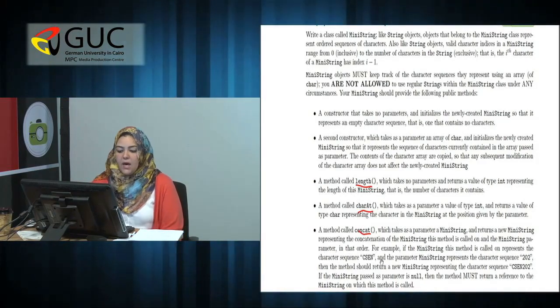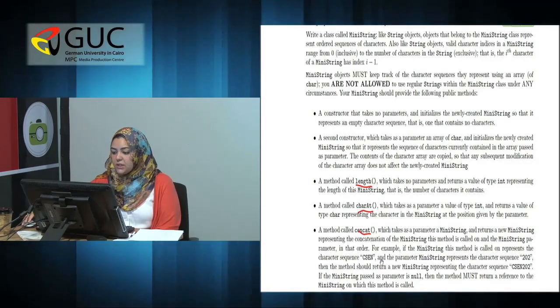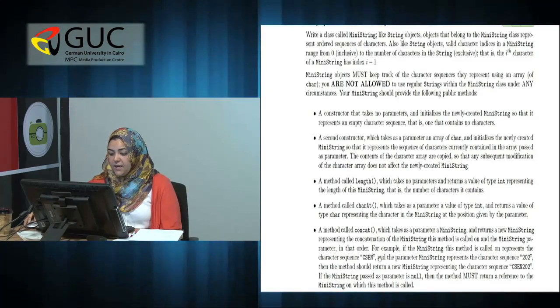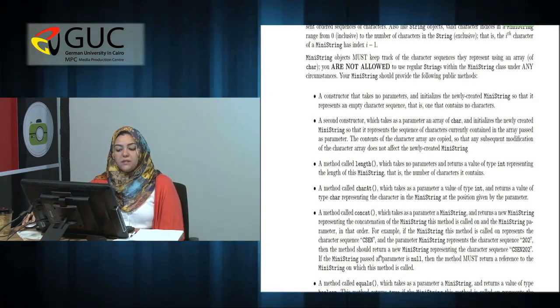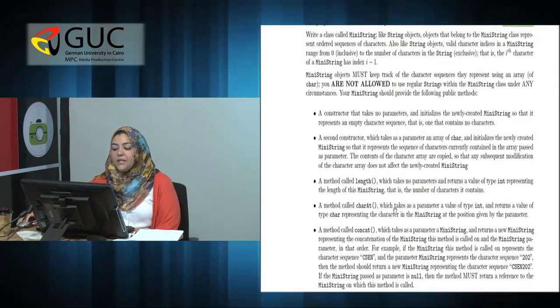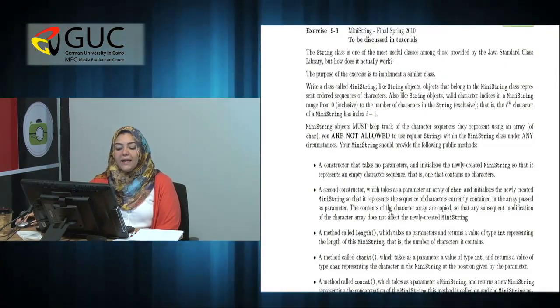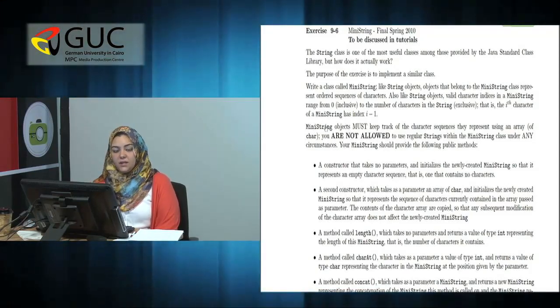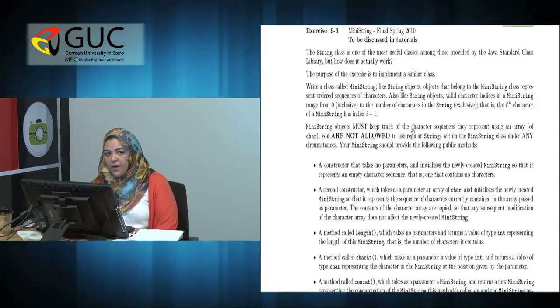Another thing which is very important is, here it says that mini-string objects must keep track of the character sequences they represent using an array of char, which means that a string is originally an array of characters.